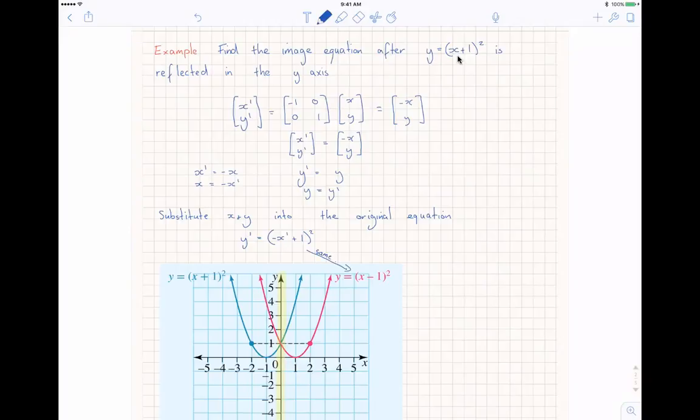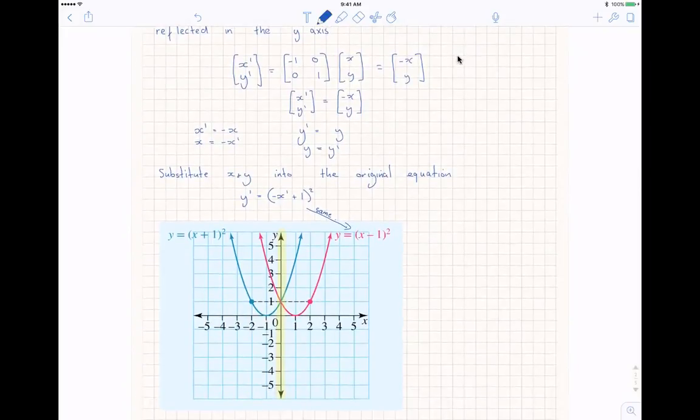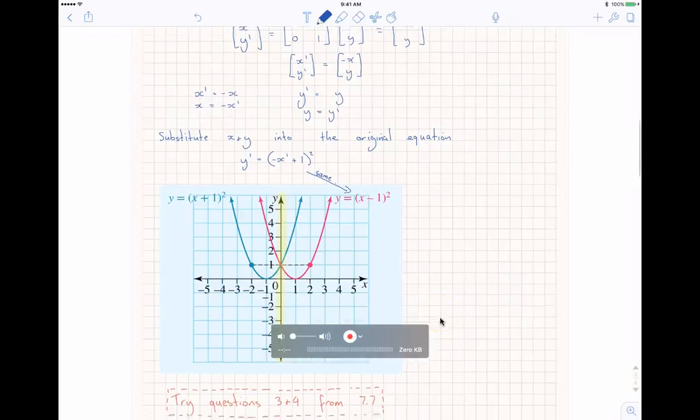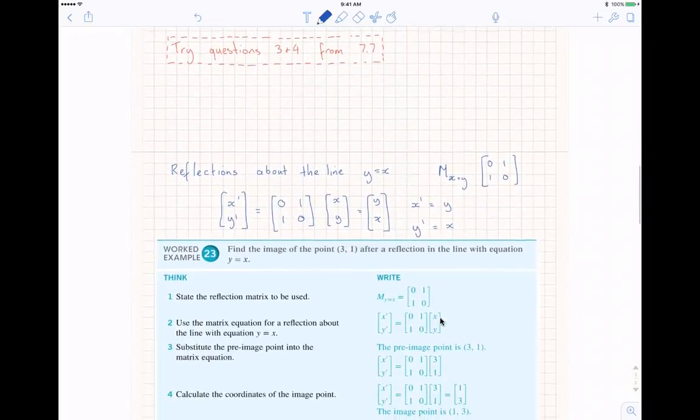All they've done is take out minus 1 as a common factor and square it so that it goes away. But we should see from our knowledge of equations that if we multiply x by a negative, that just implies a reflection about the y-axis. So you can move on and try questions 3 and 4 from exercise 7.7.